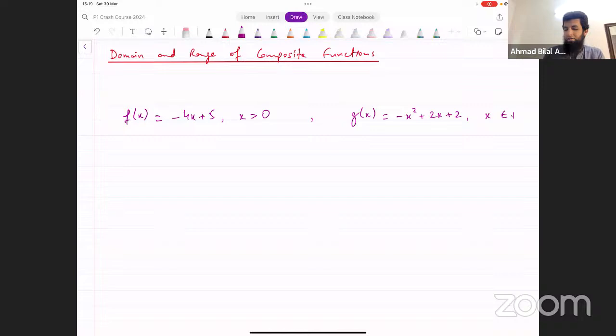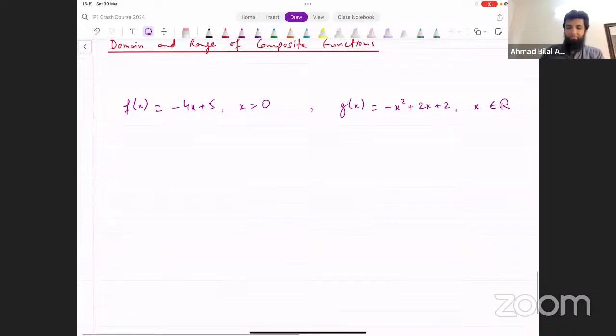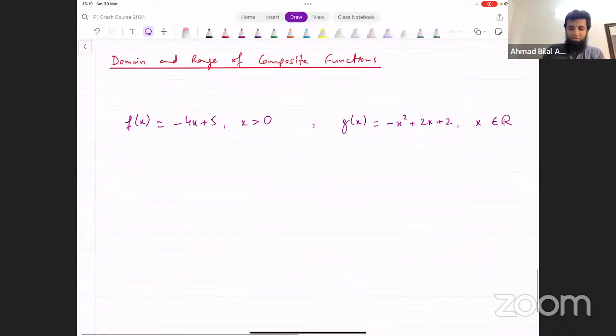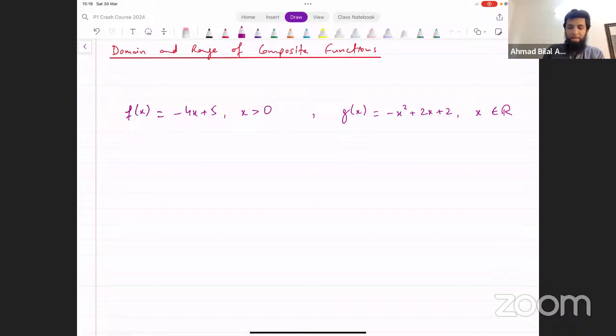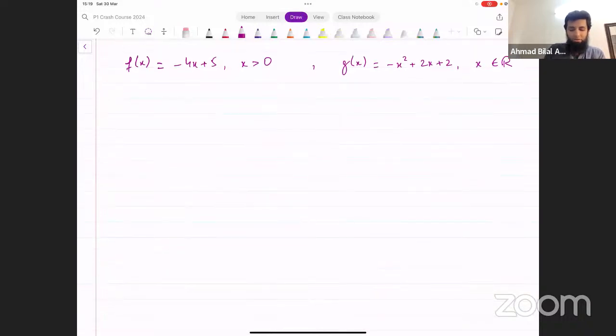And the domain of this function g is all real values. All right. So there's no restriction on what you can input in this function. x could be any real value. Now, what you want to understand is, can the function f(g(x)) be formed or not?